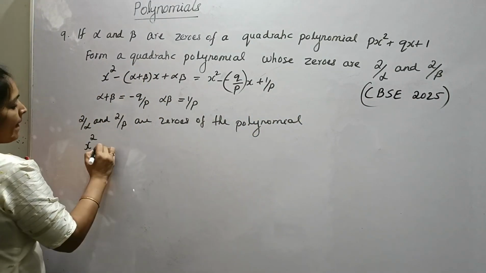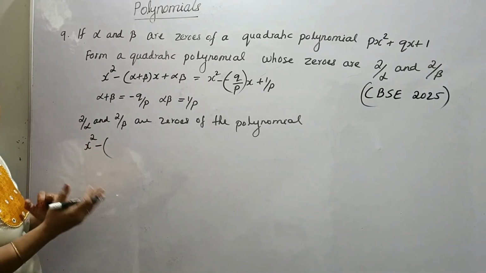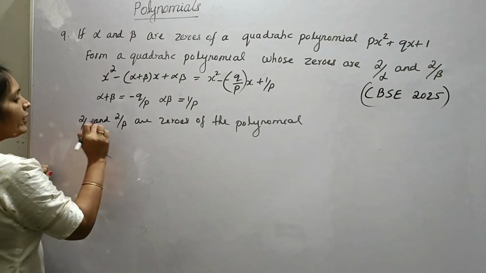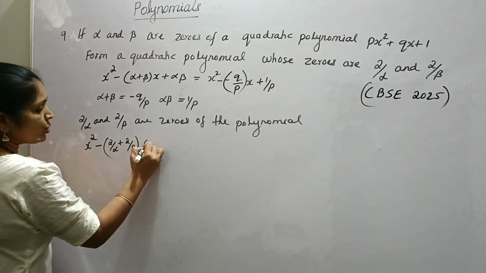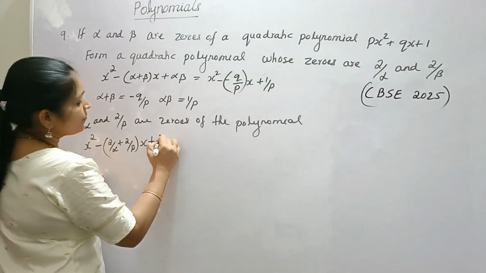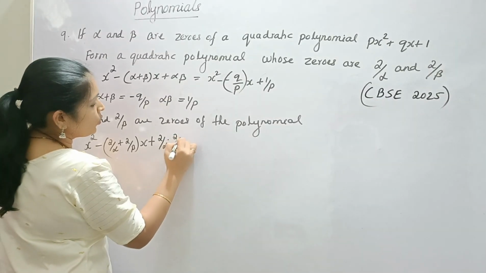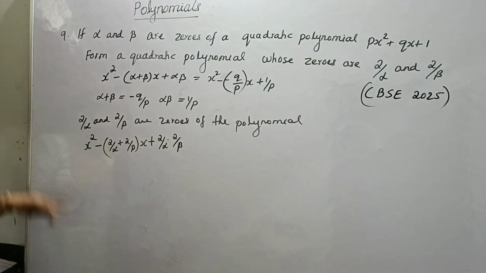X square minus of the sum of zeros. Here the zeros are 2 by alpha and 2 by beta, so x square minus (2 by alpha plus 2 by beta) into x plus 2 by alpha into 2 by beta. It is the required polynomial.